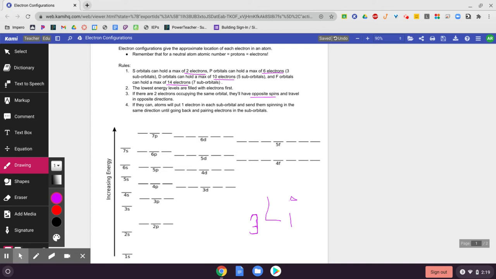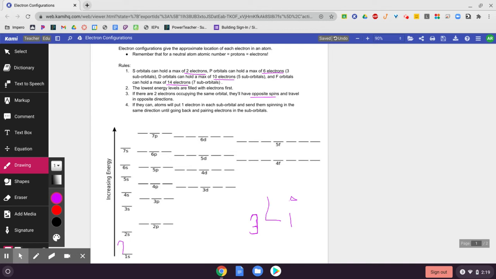So since we're going to occupy the lowest level first, our first electrons are going to go in the 1s orbital. So my first electron goes into the 1s orbital, and I represent that by an arrow pointing up. There's my first electron.